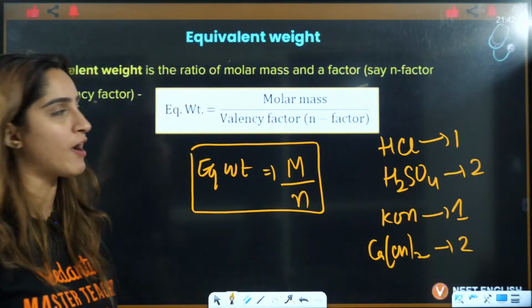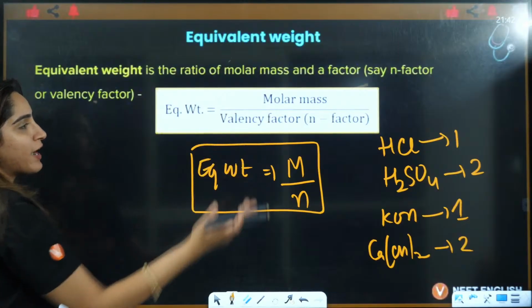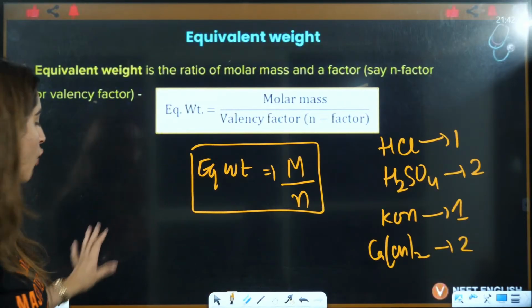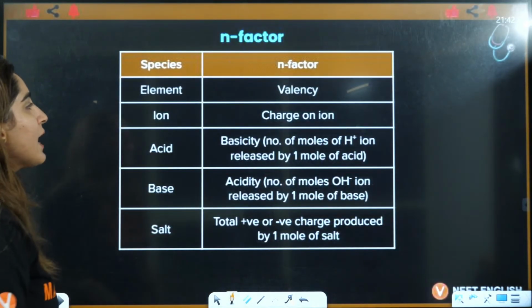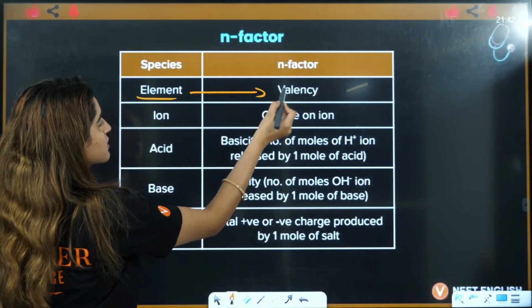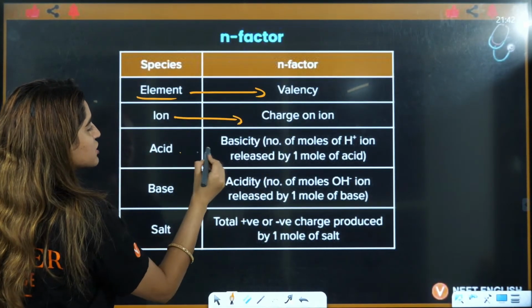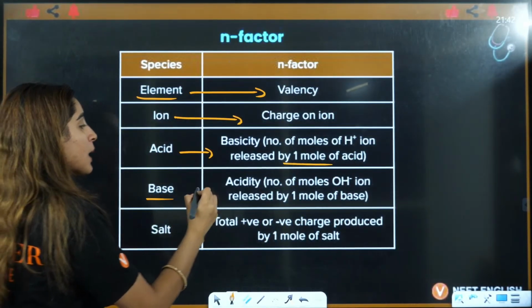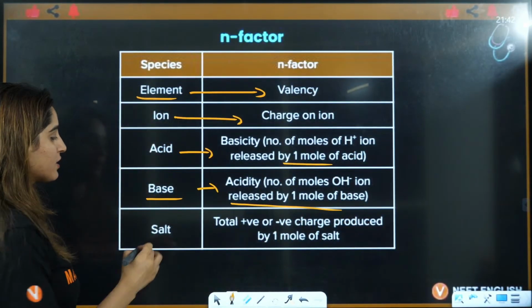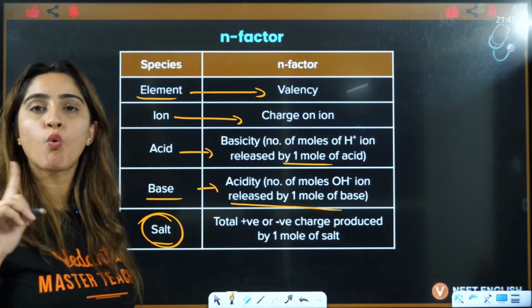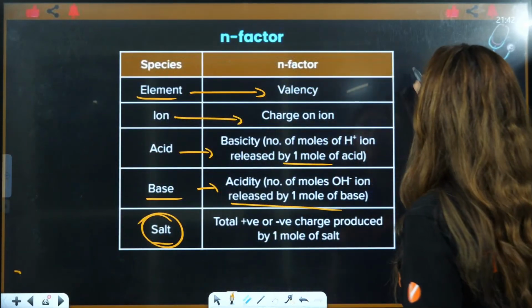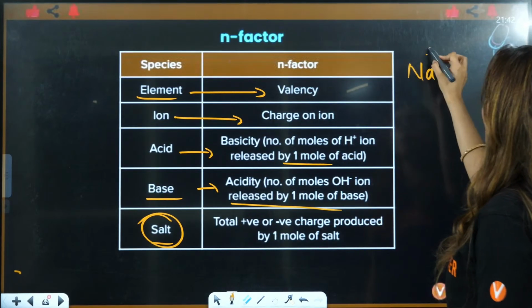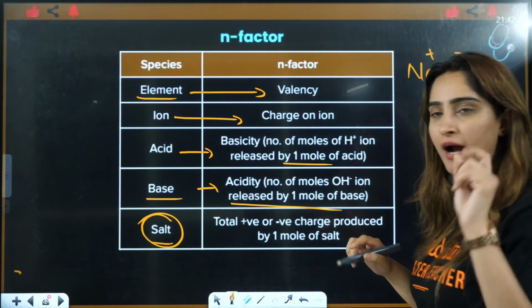Molar mass divided by the n factor is called the equivalent weight. For an element, the n factor is the valency. For an ion, it is the charge. For an acid, it is how much H positive it is releasing. For a base, it is how much OH negative it is releasing. And for a salt, it is the total negative and positive charge. Like NaCl, the positive and negative charge is 1, so n factor is 1.